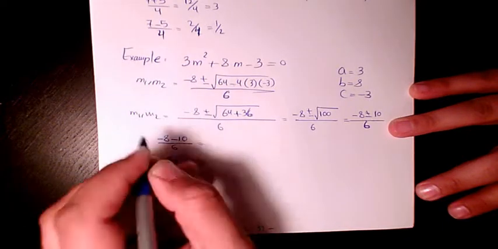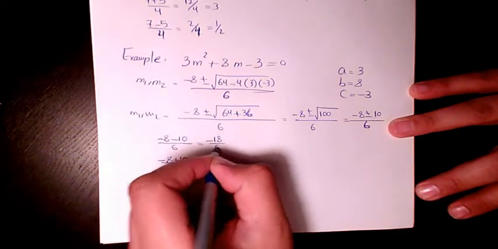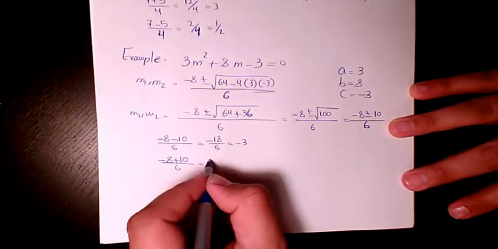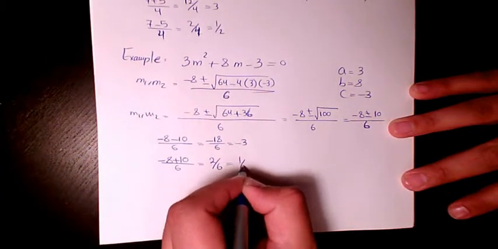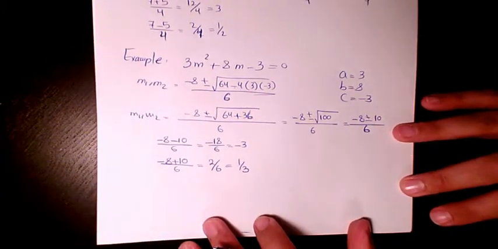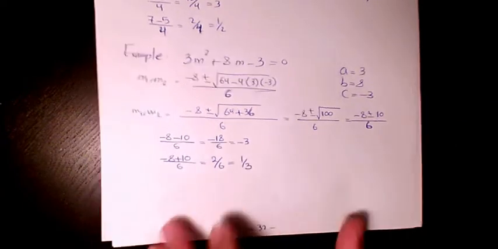So that's negative 18 over 6, which is negative 3, and here we have 2 over 6, which is 1 over 3. Next example.